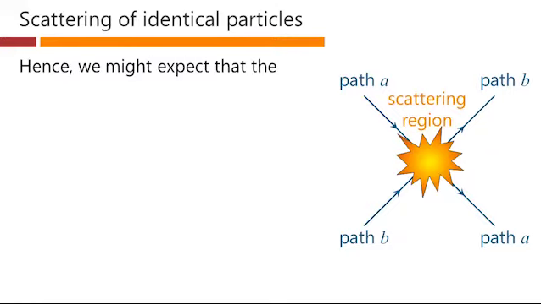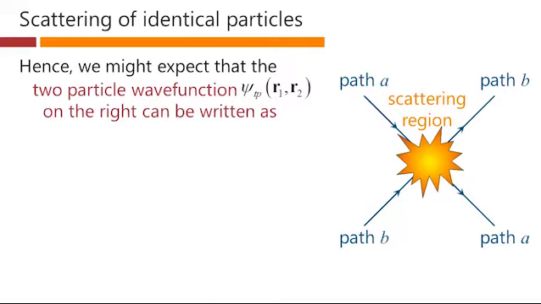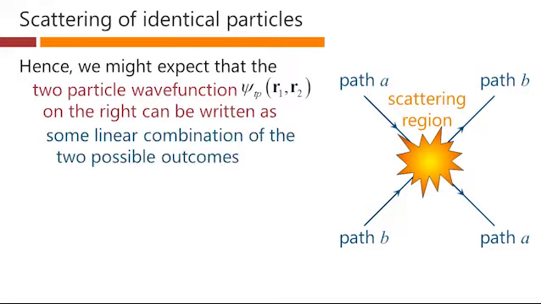Hence, we might expect that the two-particle wave function, we put Tp in here for two-particle, which is a function of both the coordinates of particle 1 and particle 2, might be written on the right as some linear combination of the two possible outcomes.